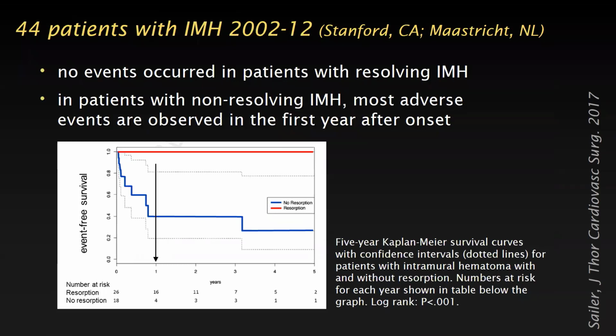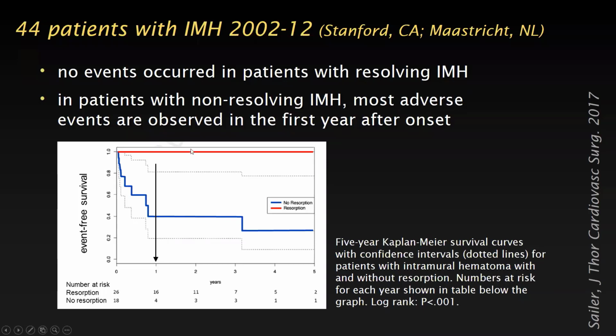But if there was progression, like ulcers developing, or the false lumen or the aortic diameter growing, or anything going on, then they had a worse prognosis. It looked even worse than acute dissection, although that was not statistically significant here. But the other main observation is that if the IMH progresses, it usually happens in the first year.